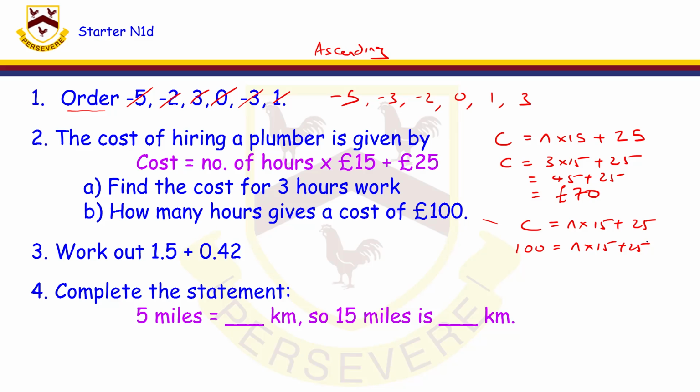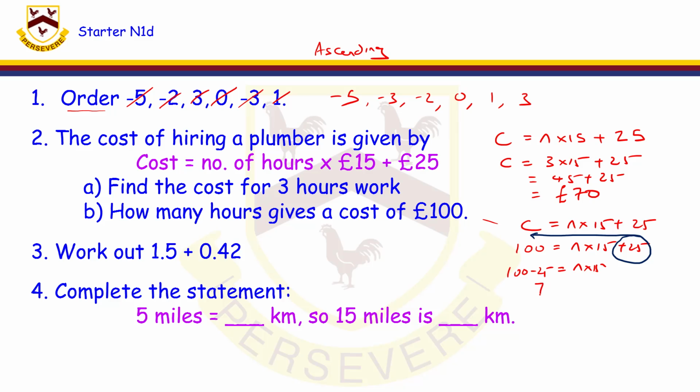So we can use our float and ping, put a bubble around the plus 25, float over the equal sign to the other side. And we now have, if it's plus 25 on the right hand side, when it crosses the equal sign it becomes minus 25. Is equal to n times 15.